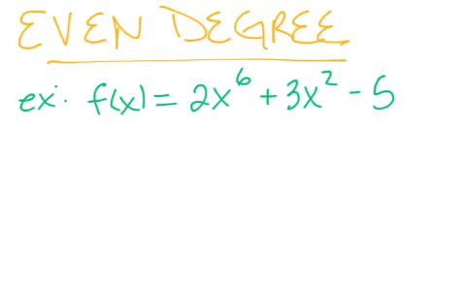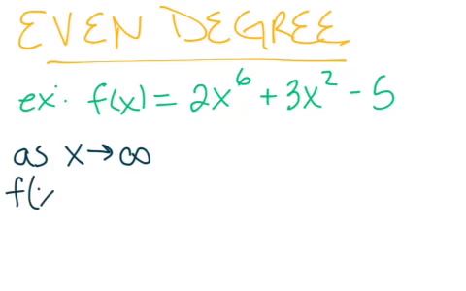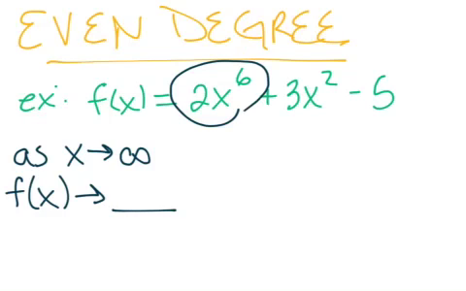So, all right, if I look at end behavior for this one, as x goes to infinity, what does the graph do? So I'm going to focus again on the highest power. In this case, our degree is 6. Our leading coefficient is 2. So I'm going to do 2x to the 6th.